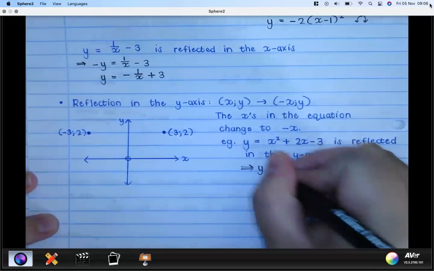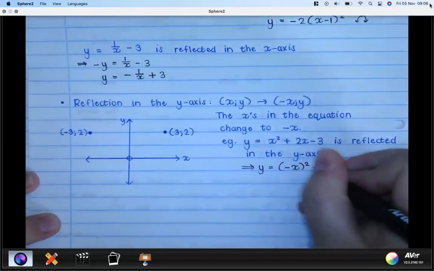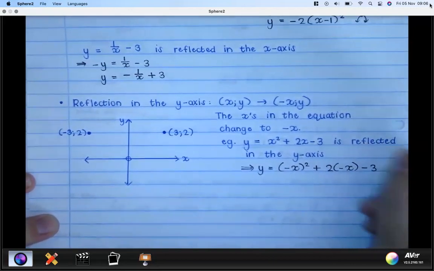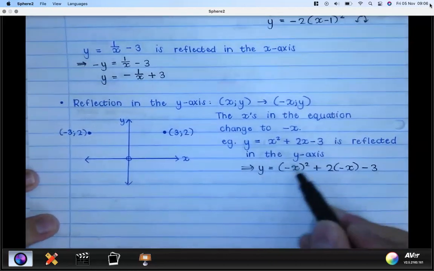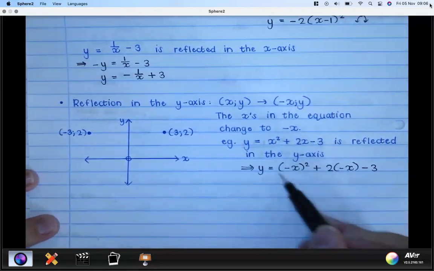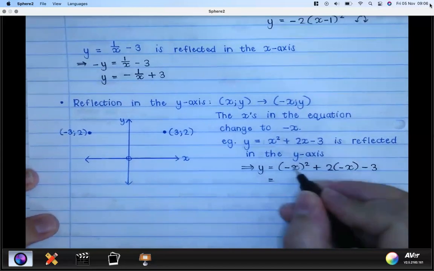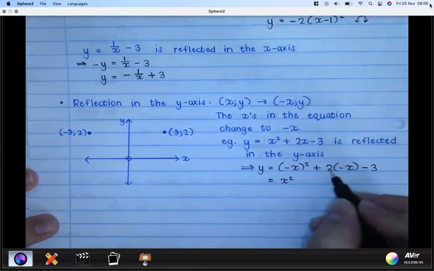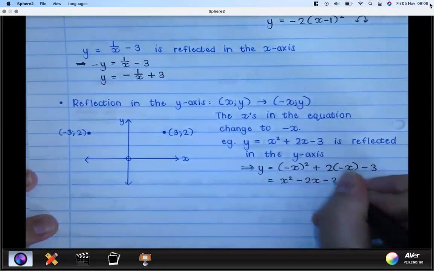So y becomes (-x)² plus 2 times (-x) minus 3. Instead of x², we now change that to (-x)². Note the brackets, guys, that's important. What's -x times -x? Still +x², but 2 times -x is now -2x, minus 3.